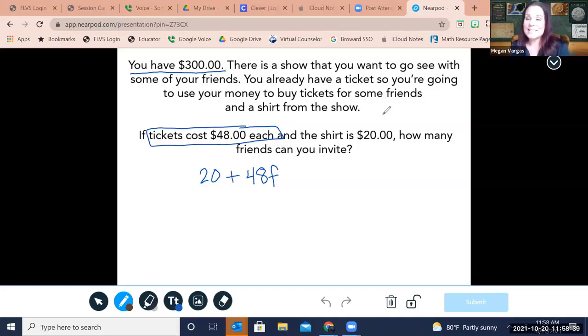Any ideas? What inequality symbol would I use to show that I cannot go over $300?